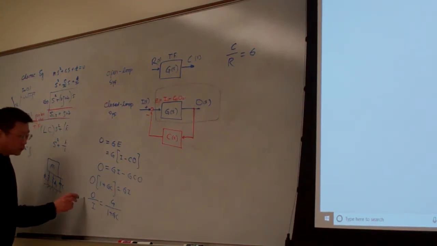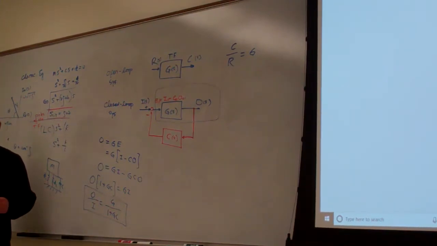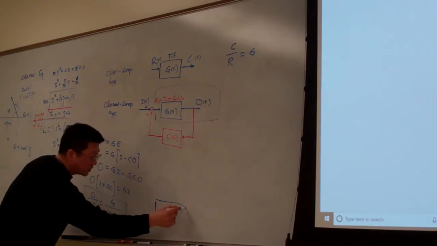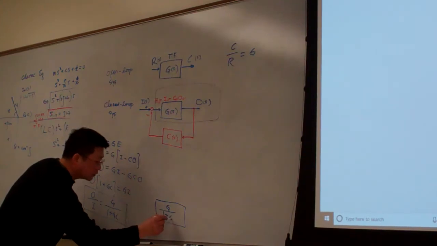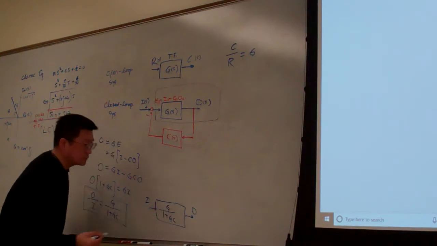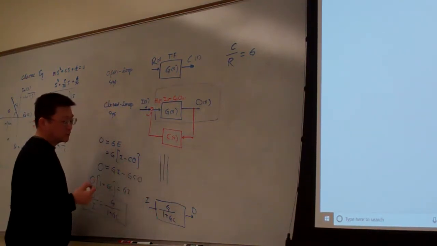So this is our simplified block diagram. This system will be equivalent to G over (1 plus GC), with I as input and O as output. So this system by itself is equivalent to this one.